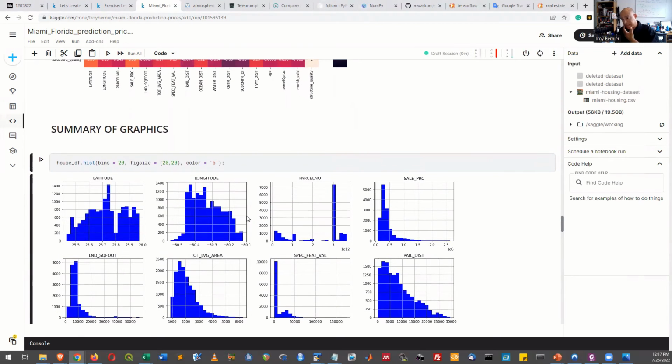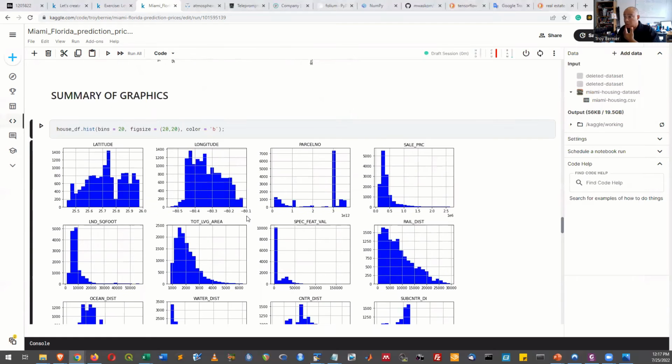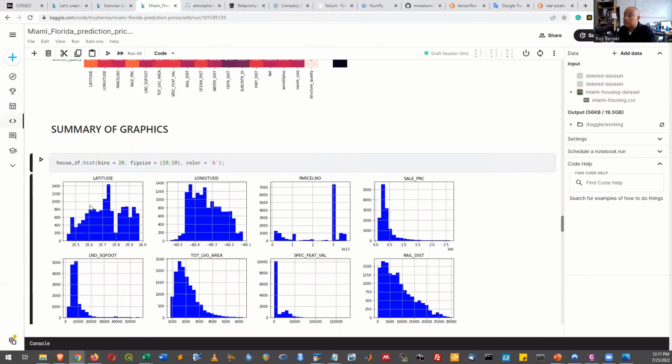Oh, this is nice. So in this one here, we're looking at the data frame for the entire data set, and looking at latitude, this must be count.